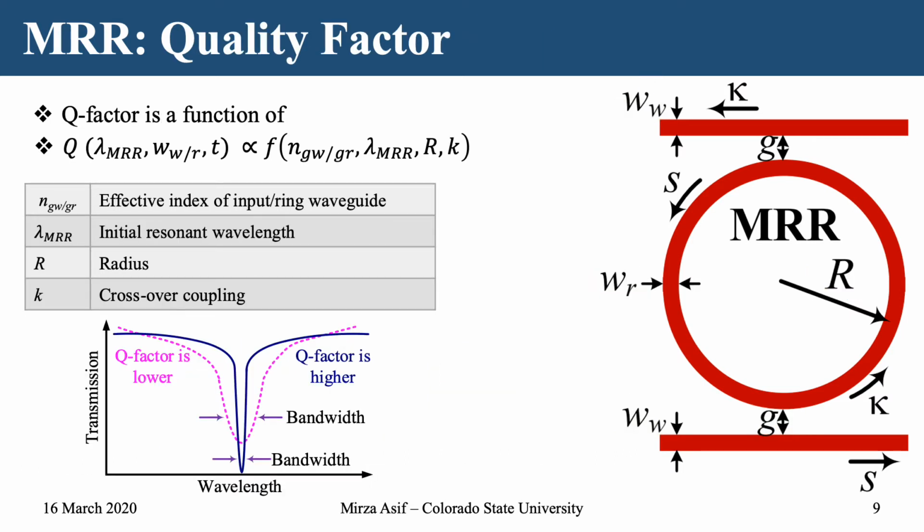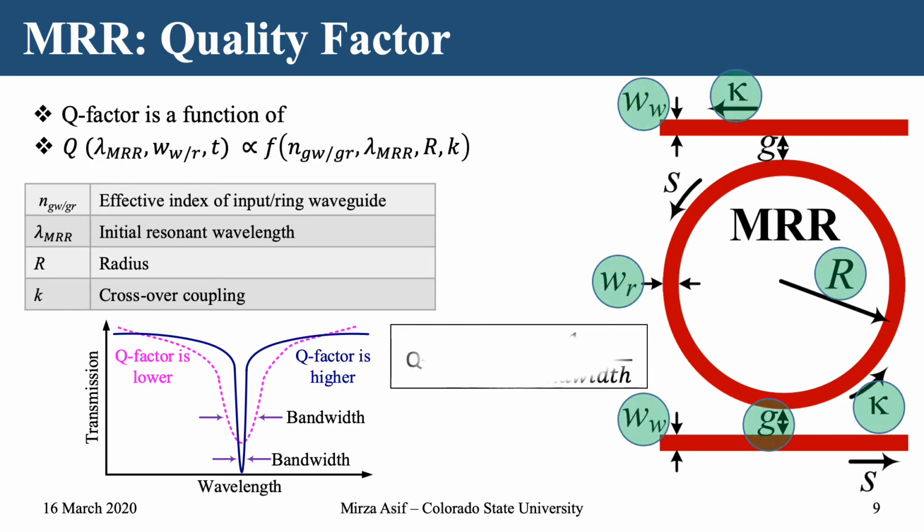Quality factor is the third parameter that we used for design space exploration, and it can be defined as a measure of sharpness of resonance relative to its central frequency. And it depends on almost all the factors in the microring resonator.